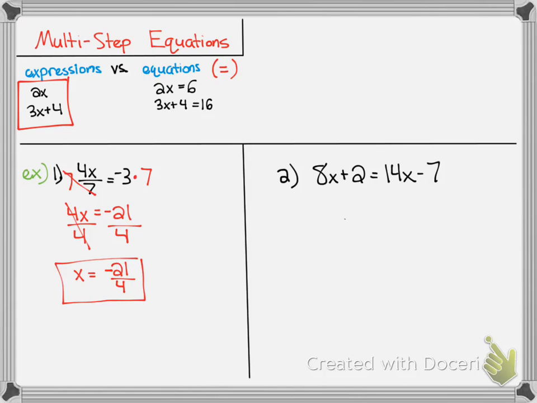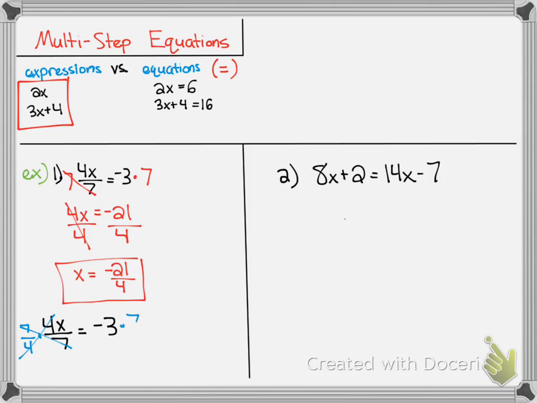Now I want to show you really quickly another way that we could have done that problem. So our problem was 4x over 7 equals negative 3. Another way to do that would be to multiply by the reciprocal of 4/7. 4 over 7 is a fraction. So if we multiply by its reciprocal, which is 7 over 4, then the 7's cancel and the 4's cancel.